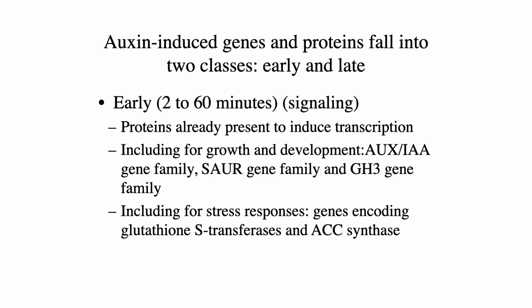Some genes are involved in growth and development, such as the AUX-IAA gene family, the SAUR gene family, and the GH3 gene family. The early genes also include genes that are involved in stress responses, genes encoding the glutathione S-transferases and the ACC synthase. ACC synthase is responsible for ethylene biosynthesis that I referred to before, which is another hormone.